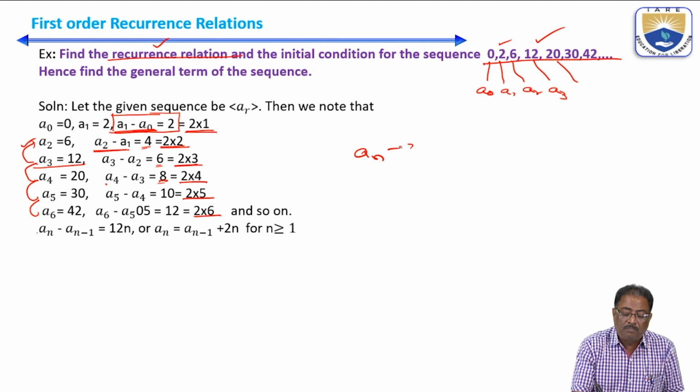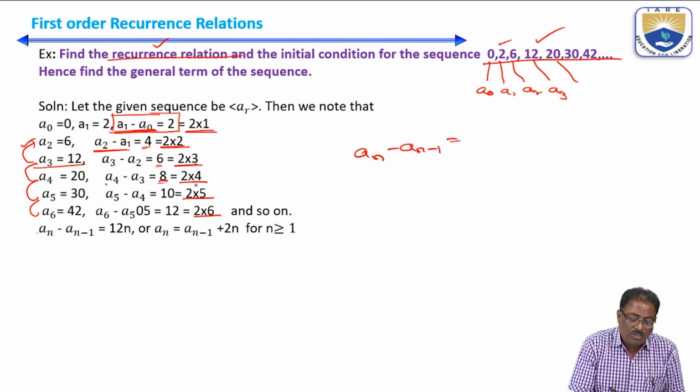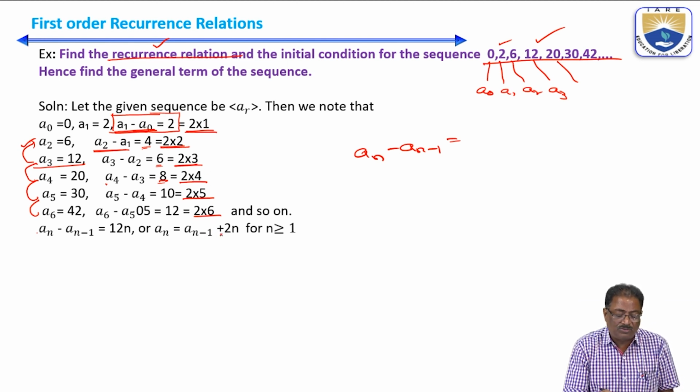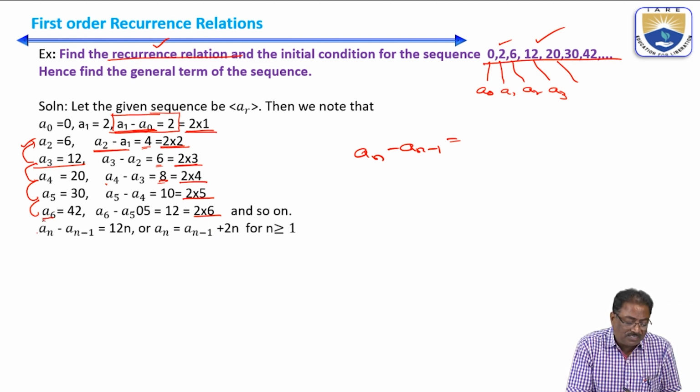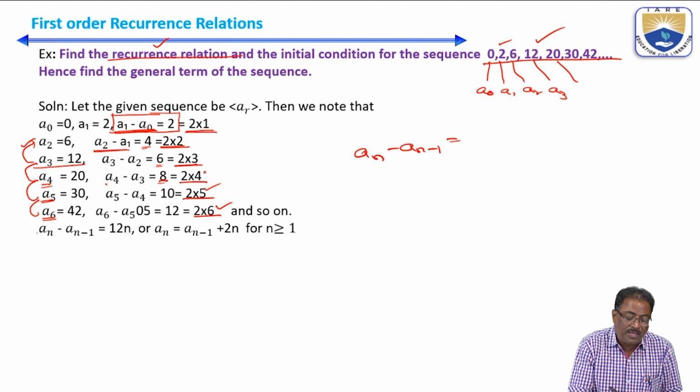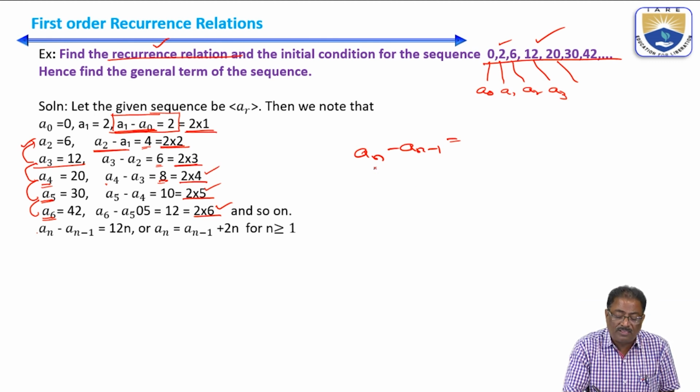So an minus an minus 1 is equal to 2 times 1, 2, 3 and so on. It will continue, A6 term up to 6, A5 term up to 5, A4 term up to 4. Now for the nth term, I am going to write 2 into n.